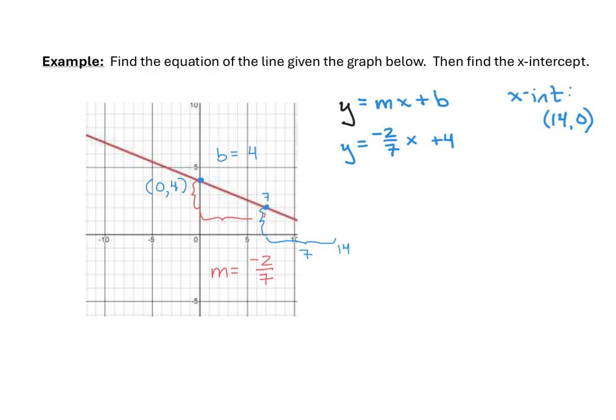Now, as I mentioned, we can also do this algebraically. We can do this computationally. And so here, if we plug in 0 for y, we can then go ahead and solve for x. And so we can subtract 4 from both sides.